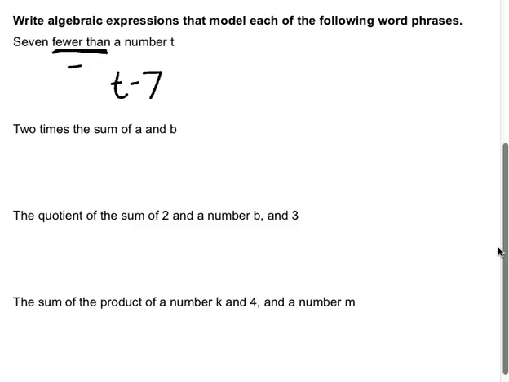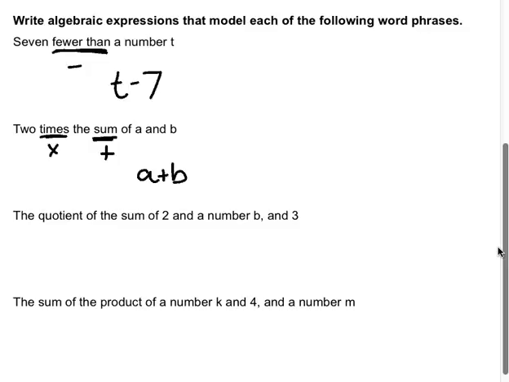How about 2 times the sum of A and B? So times is indicating multiplication, and sum is another word for addition. So here we have 2 things going on. 2 times the sum of A and B. Well, let's start with the sum of A and B. So that's what that sum would look like.